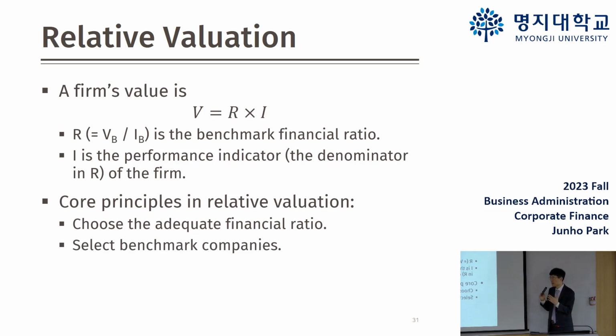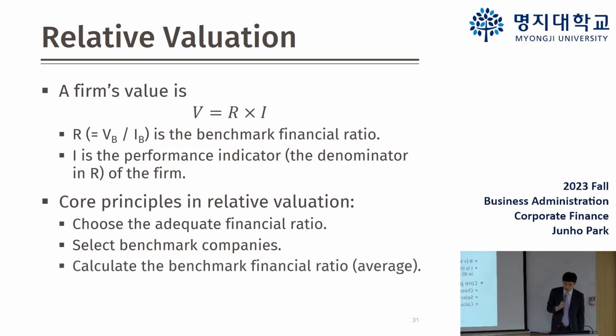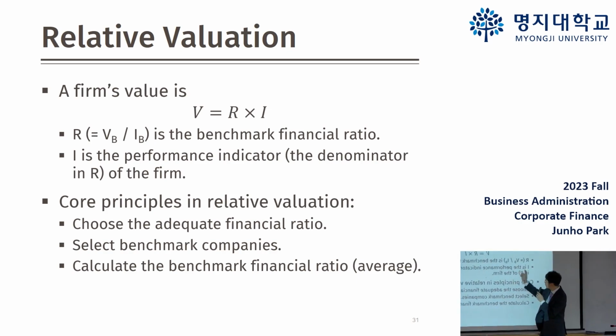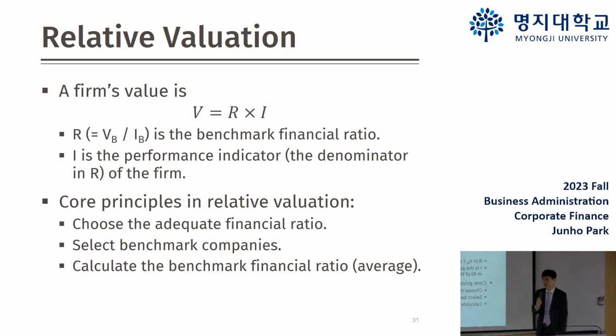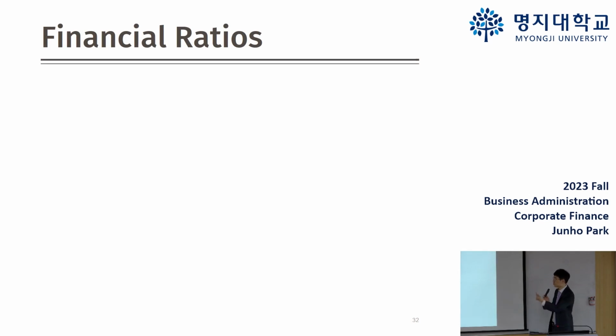By the term benchmark, it means they could be used as a guideline. So they are the compared companies. And third, you calculate the benchmark financial ratio, which is R here, based on those benchmark companies' average financial ratio. And then you apply those financial ratios in your calculation.